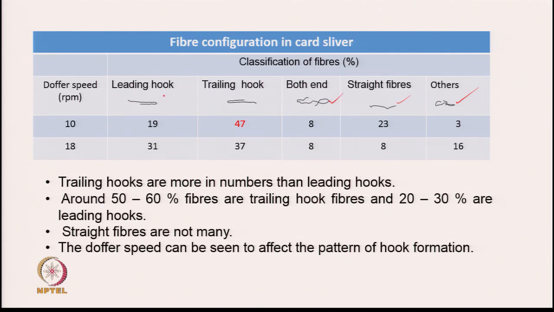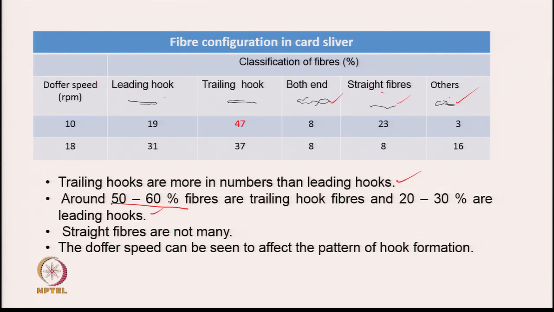So, there are 1, 2, 3, 4, 5 different categories, and what we see here is that generally trailing hook fibers are more in number than leading hooks. This is one important observation which has been shown by many people. Around 50 to 60% of the fibers are trailing hook fibers and 20 to 30% are leading hook fibers.